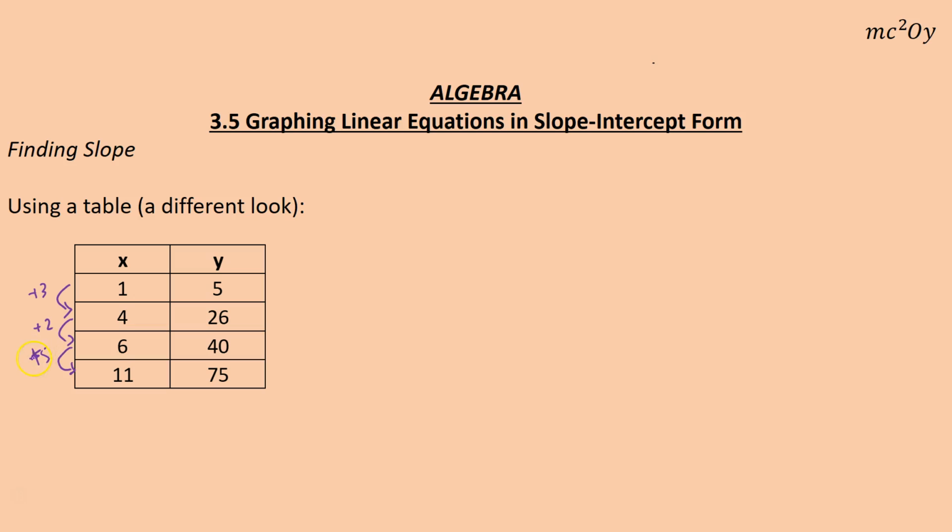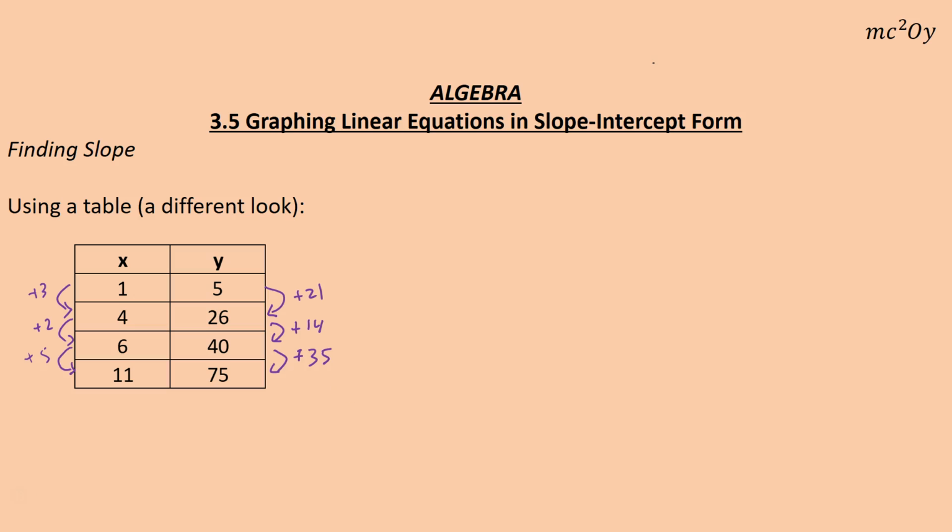Actually, let me fix this up here. Okay, then we go over to y, and we increase by 21, by 14, and then by 35. So notice it doesn't have a constant rate of change in terms of going up by the same amount for x or for y when we look at it in this format.